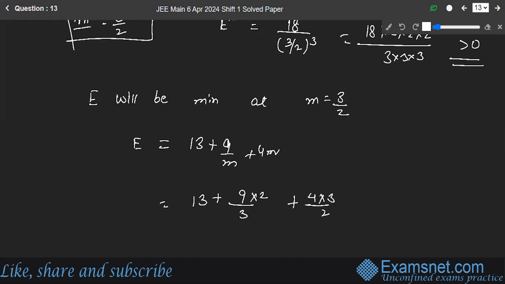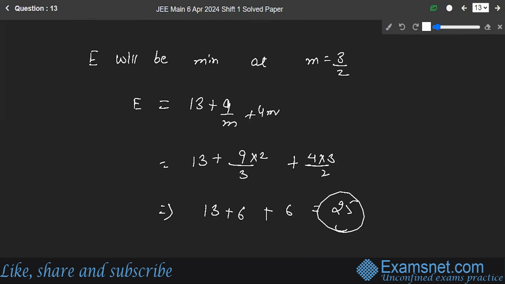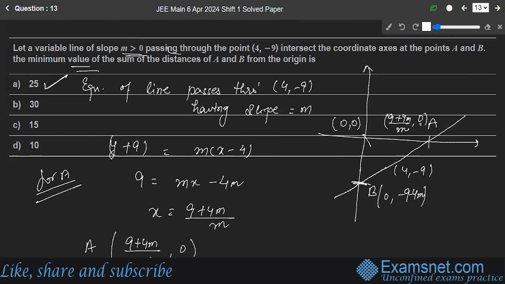That gives you 13 plus 6 plus 6, which is equal to 25. This is the answer to the question. Option A. Hope you got that. Let's move to the next question then.